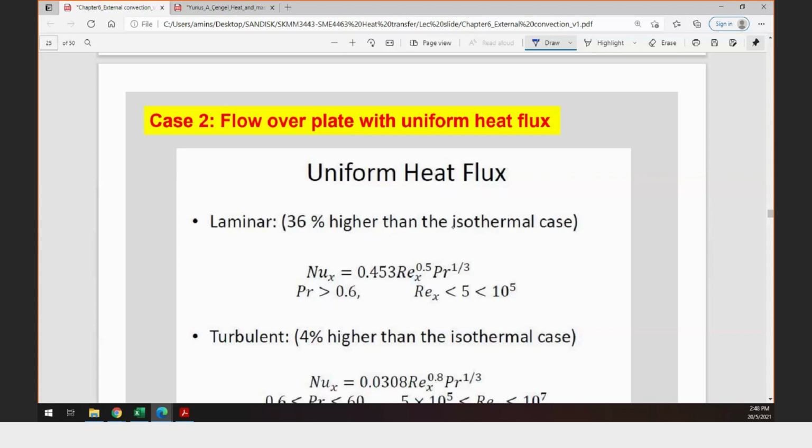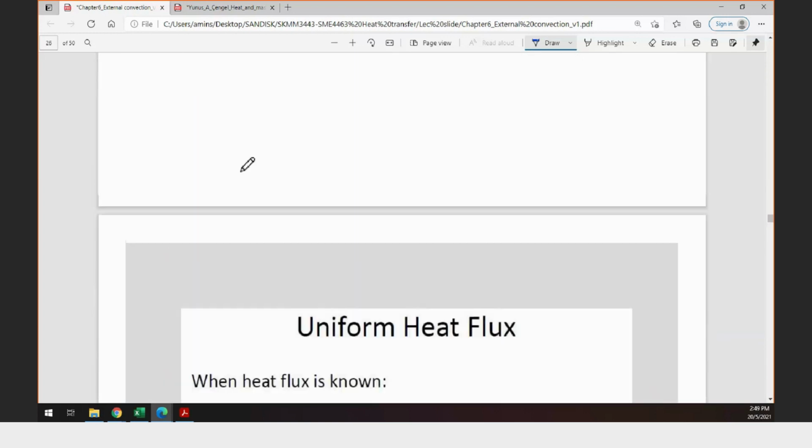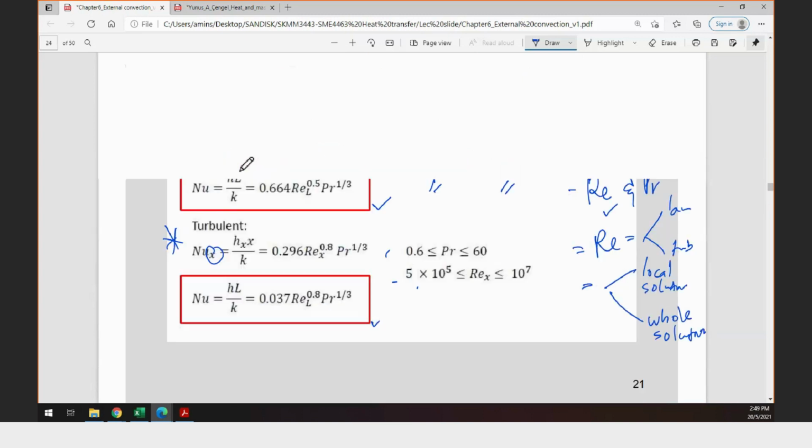Why, under this case, do you need a specific equation? What is the difference from the earlier one? The earlier one is for the uniform surface temperature. Case one, let me go back.